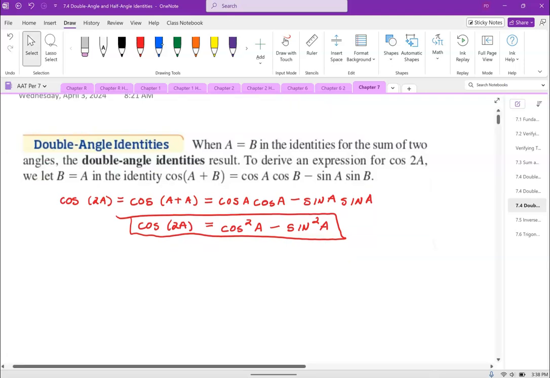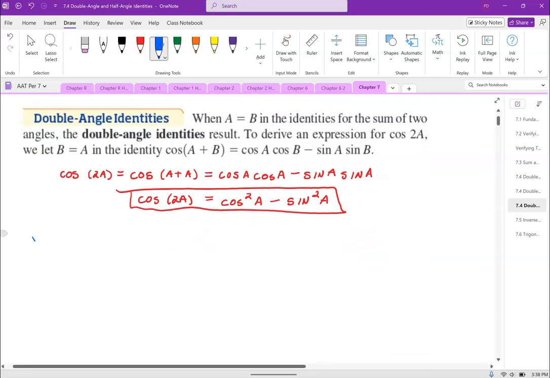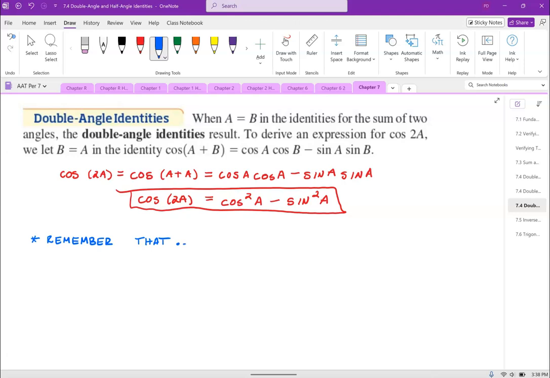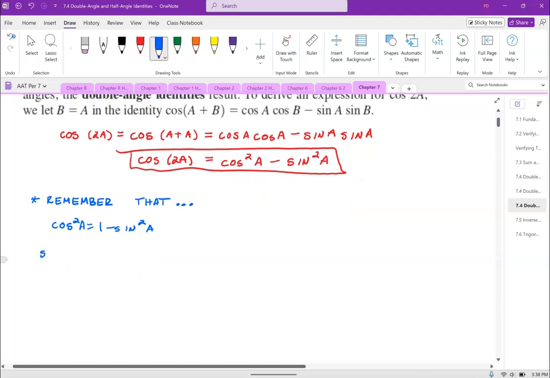So if we take that cosine double angle identity, we remember a couple of key facts. First, remember that our Pythagorean identities can be manipulated. For example, cosine squared A is really equal to 1 minus sine squared A. We can substitute that into our double angle identity.